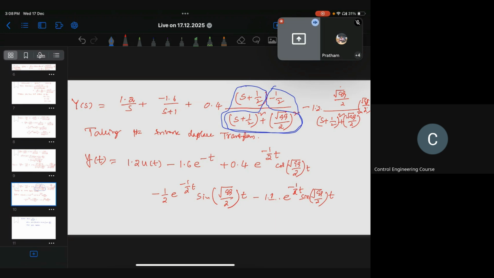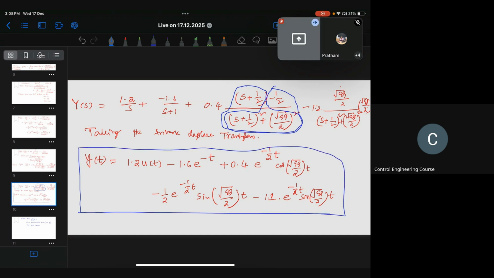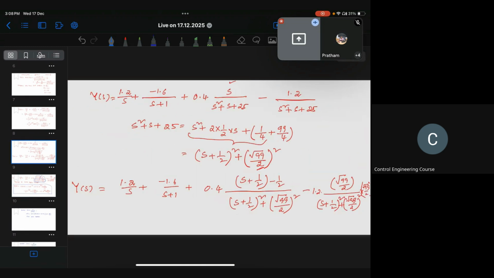So please do cross verify my answer. Is there any doubt in this problem? Any doubt here from how we are writing this step to this step? Any doubt? No, no, sir.